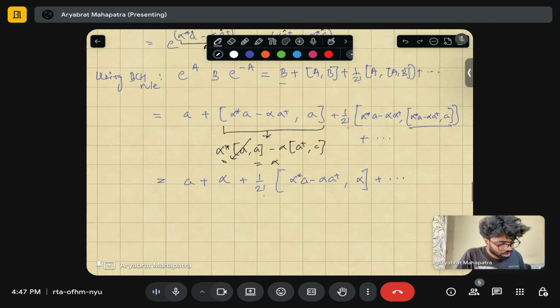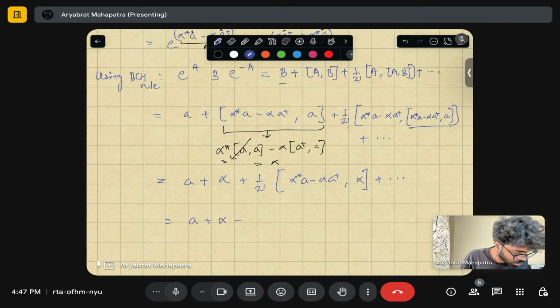So here you can write A plus alpha, plus, and again this commutator which you can calculate.